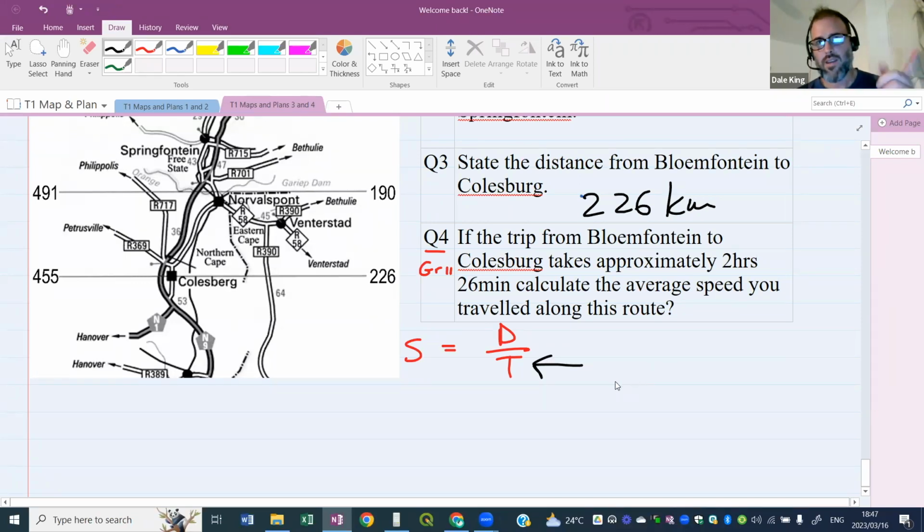If you were there in the measurement course, you heard me saying, be careful what you put in for time. Because if you look at this time format, the time here is 2 hours and 26 minutes. We did this during conversions, measurement conversions. This is time in the hours and minutes format. This formula doesn't want time in hours and minutes.